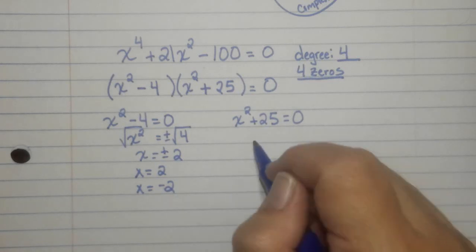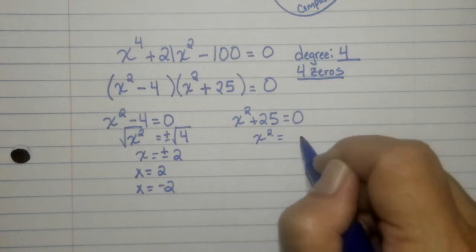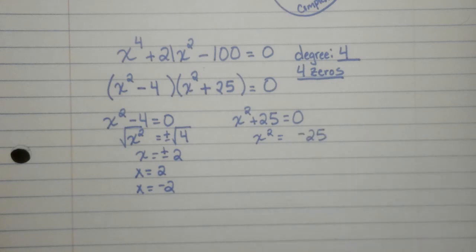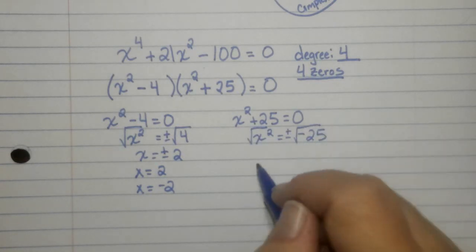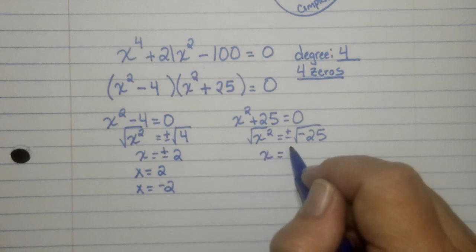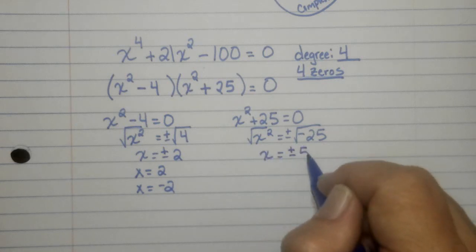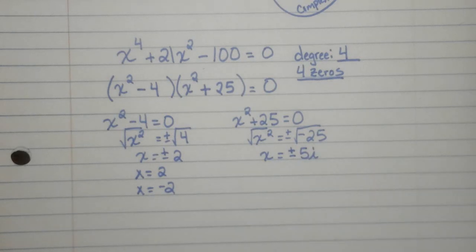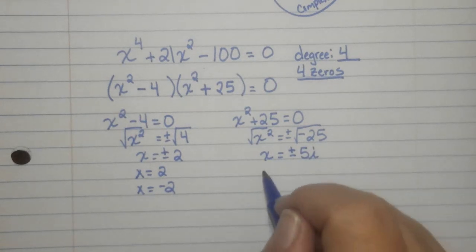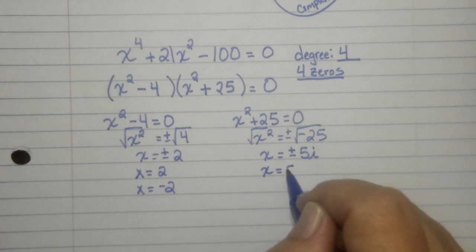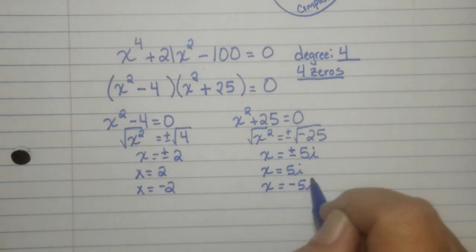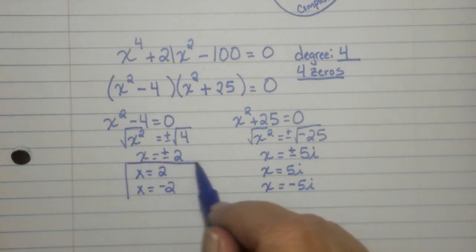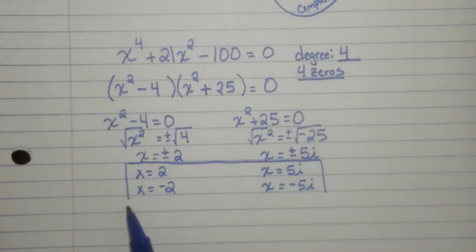From my other equation, I'm going to subtract 25 from both sides. And I've got x squared is equal to negative 25. I'm going to take the square root of both sides, plus or minus. X is going to be plus or minus 5i. So I'm going to have a 0 at positive 5i, and I'm going to have a 0 at negative 5i. And so there are my 4 zeros.